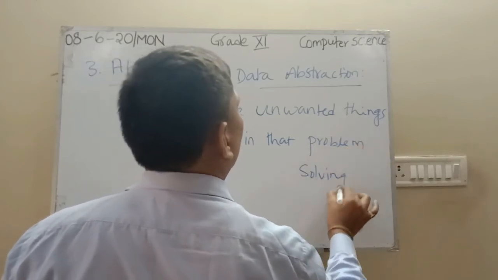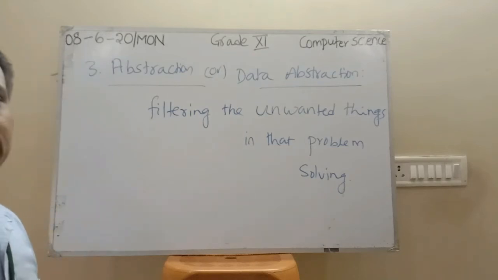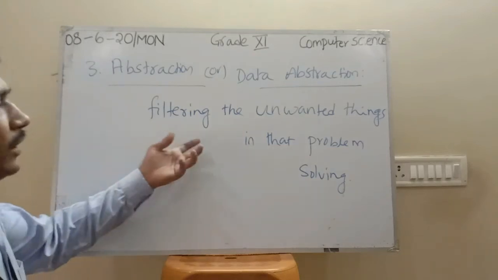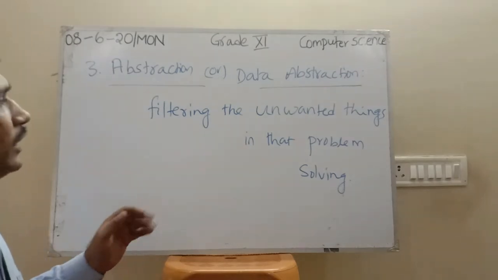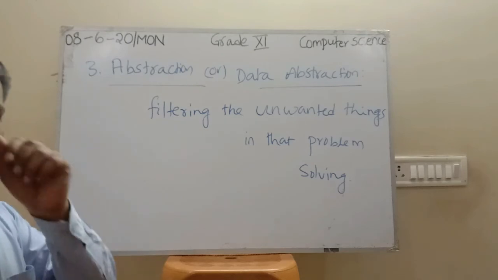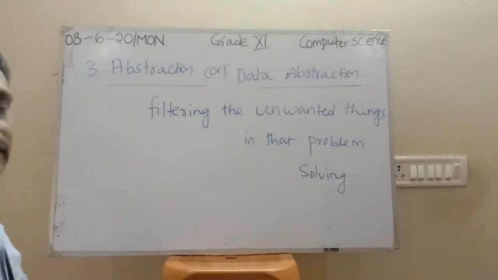So we focus only on the important things needed to solve the problem by using this logic. That is the concept of data abstraction. Abstraction refers to identifying unwanted things and filtering them out. We focus on very clear problem understanding and solving techniques. This is the concept of abstraction.